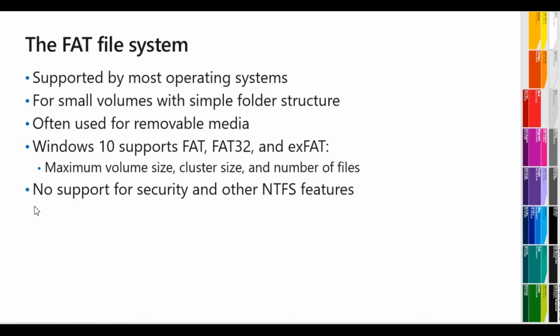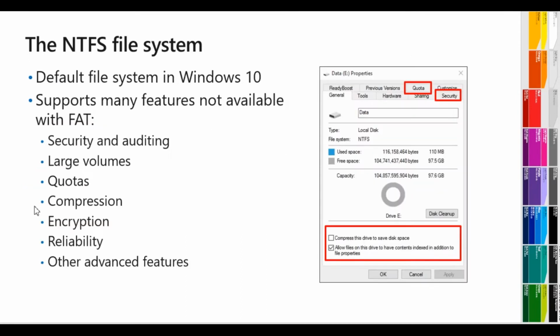Traditionally we used FAT, but since Windows XP we are using NTFS. With NTFS we have more options. The NTFS file system is the default file system for Windows 10.